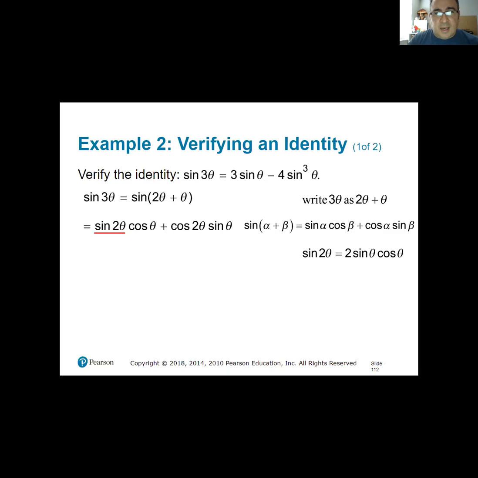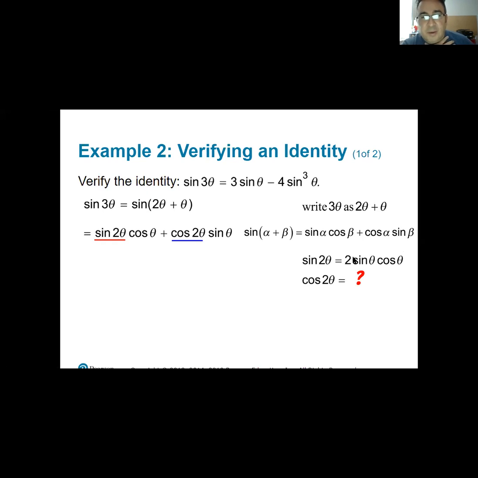And I know something about cosine of 2 theta. What's that one? Cosine squared theta minus sine squared theta. Very good. That's the one that we knew, right?